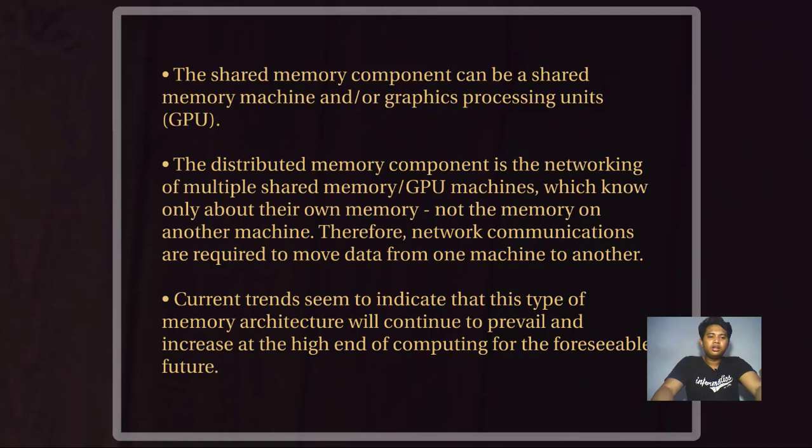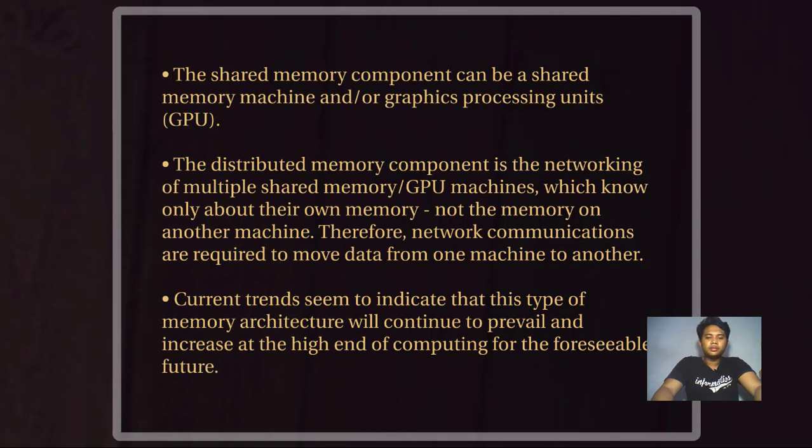The distributed memory component is the networking of multiple shared memory or GPU machines, which know only about their own memory, not the memory on another machine. Therefore, network communications are required to move data from one machine to another.